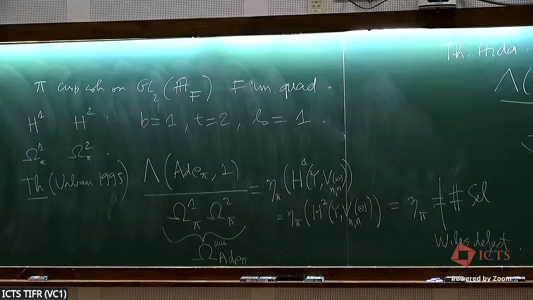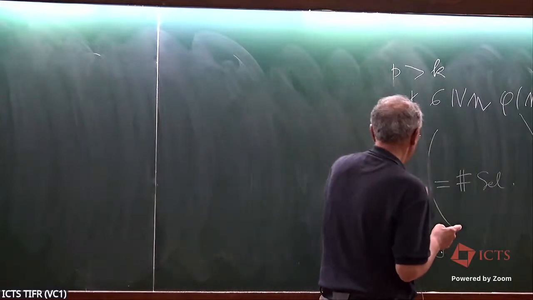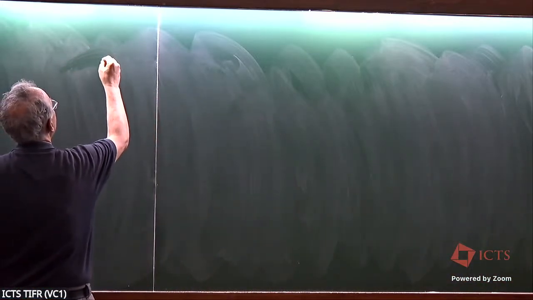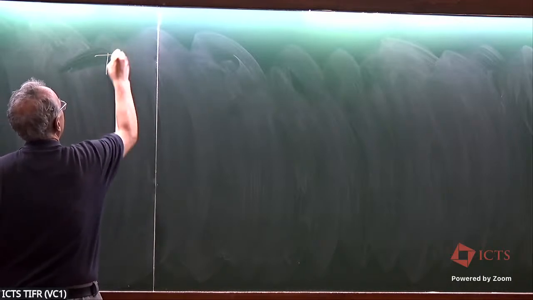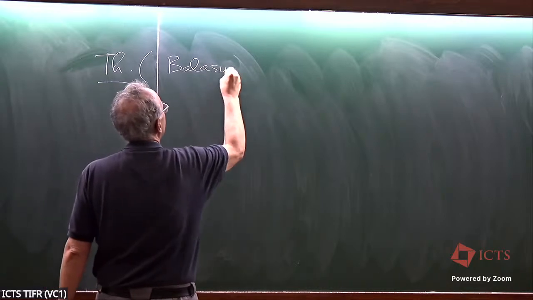So these are the starting point of our work. And of course, there is a last case where there is unfortunately a small defect of the formula, which is the theorem of Balasubramanyam and Raghuram.